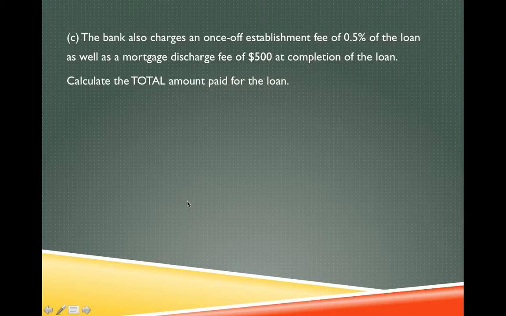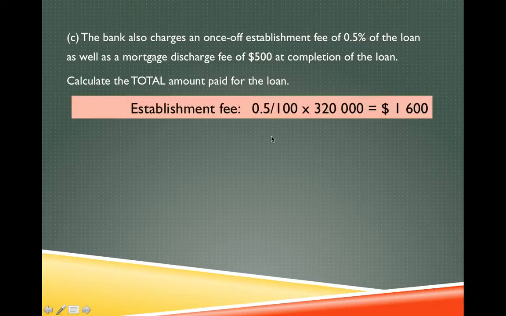Question C. The bank also charges a once-off establishment fee of 0.5% of the loan, as well as a mortgage discharge fee of $500 at completion of the loan. Calculate the total amount you pay for getting this loan.